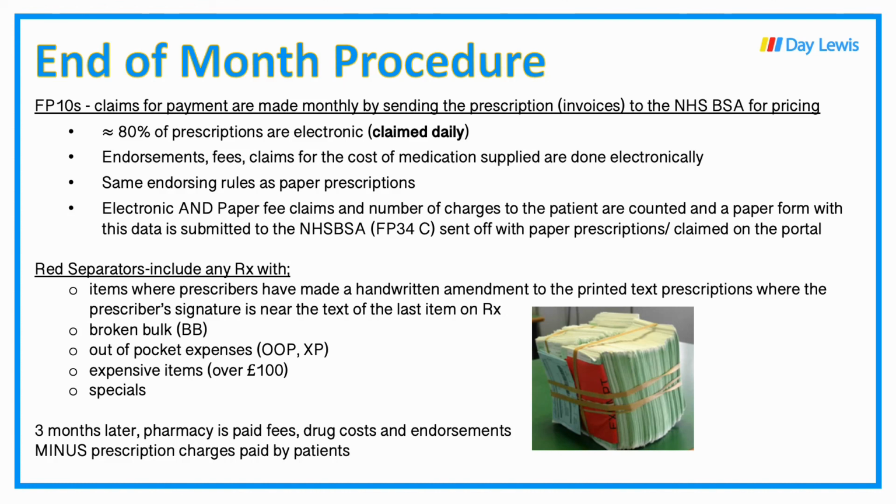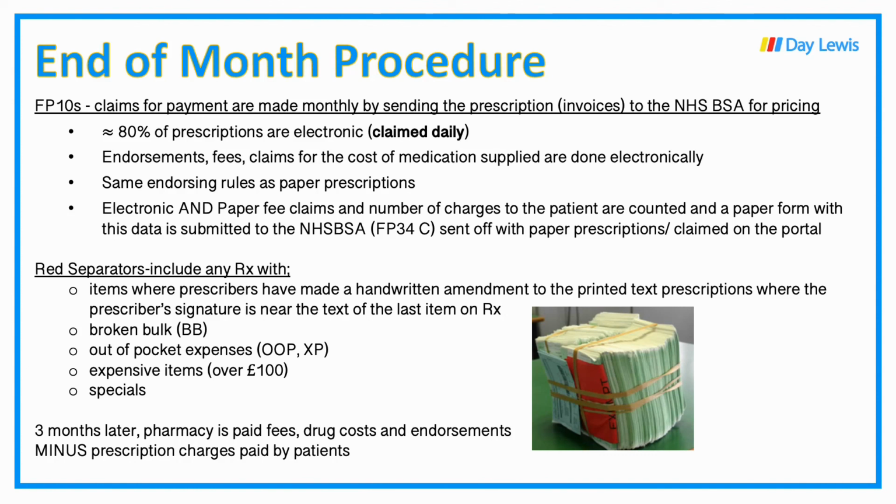Other prescriptions that you may want to put in the red separators would include anything whereby you've endorsed a broken bulk, an out-of-pocket expense, or any expensive items or specials, so that somebody can check those accurately and then be able to reimburse you the correct amount.